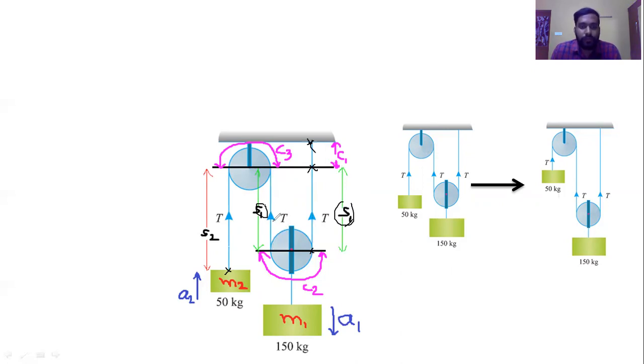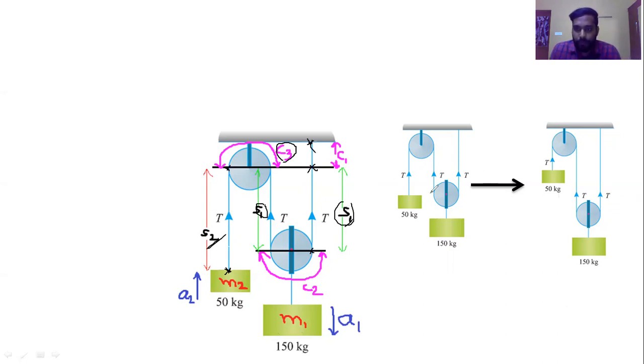Fine. So that is S1, and another one is C2, because this is the peripheral winding on the movable pulley, and another peripheral winding is C3, and from this point to the M2 block it is S2. So C1, C2, C3 are all fixed lengths, because they will not change even if M1 is coming downwards and M2 is going upwards.